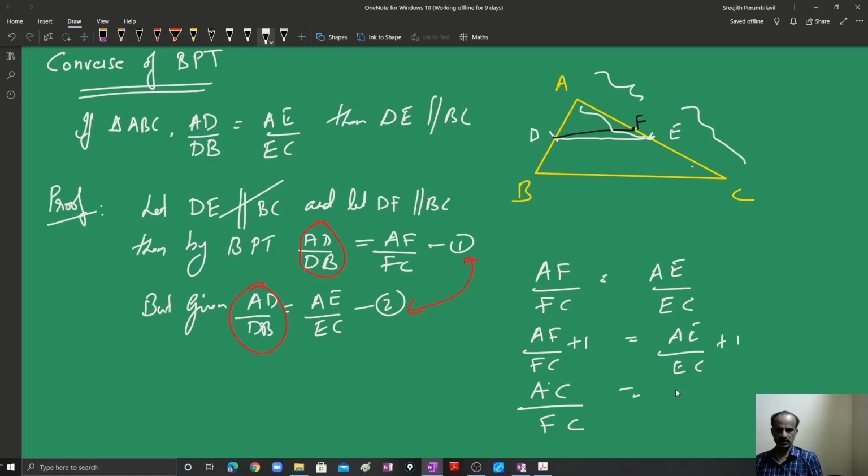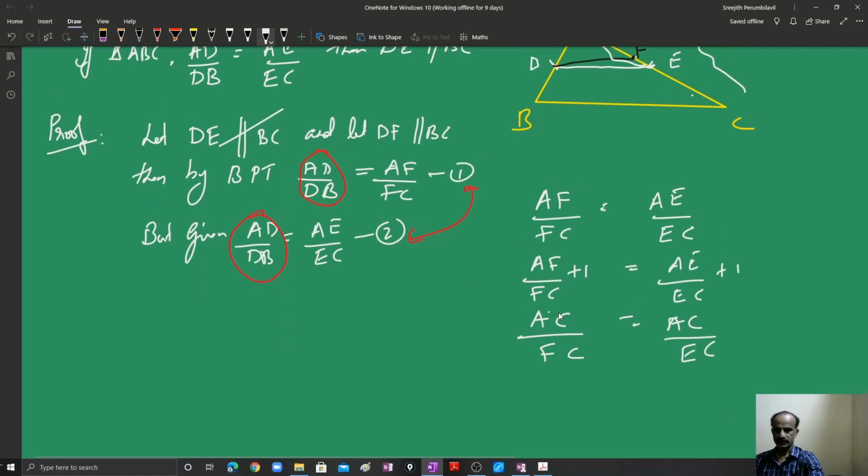So AC divided by FC, and AC divided by EC. If a line is drawn like this, with F there and E there, we say that when AC is divided by FC and AC is divided by EC, they are the same.